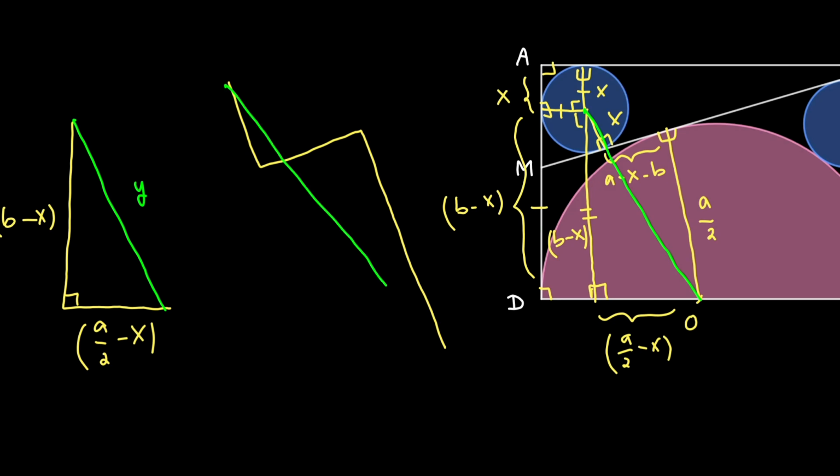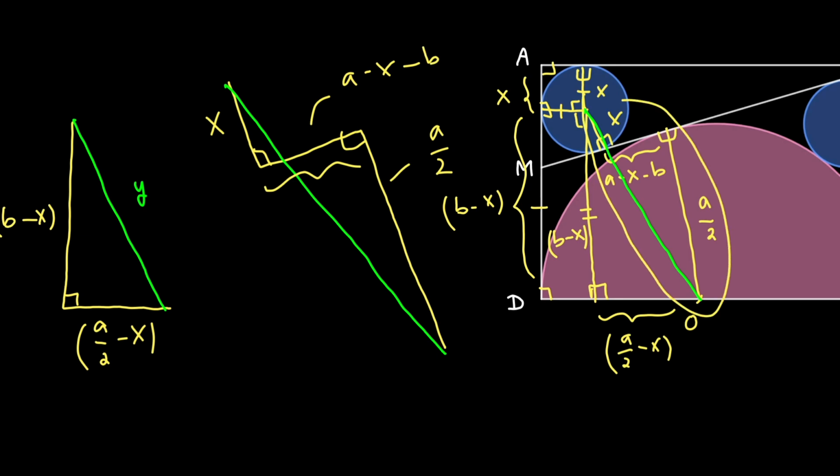From this point to this particular point, these angles are 90 degrees. You can look carefully; I am talking about this particular pattern. This distance is the radius of the blue circle, having a length x. This distance is the radius of the semicircle, having a length a upon 2, and this distance we have got as a minus x minus b. This thing I have just drawn outside.